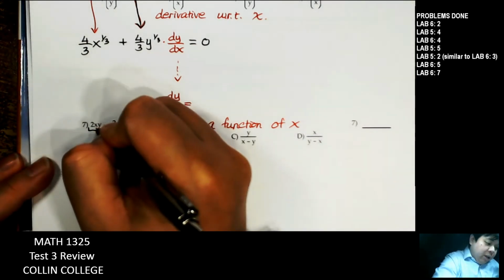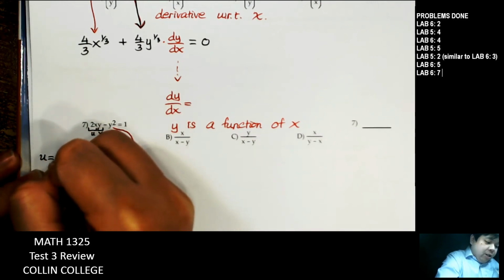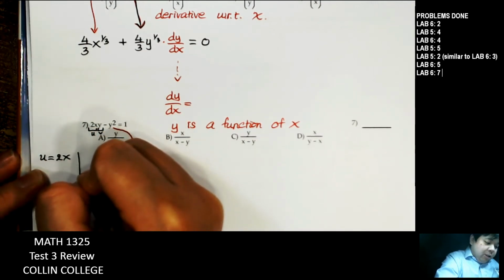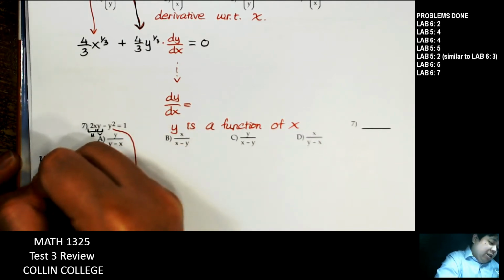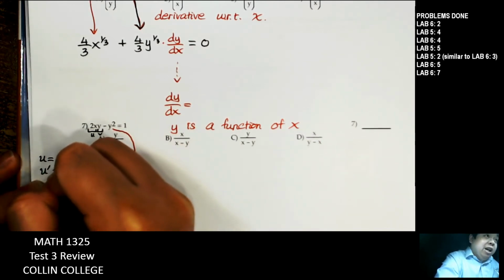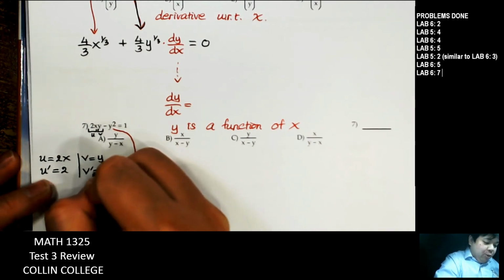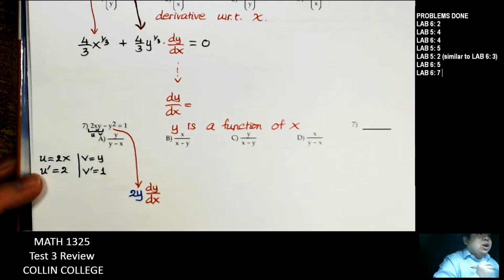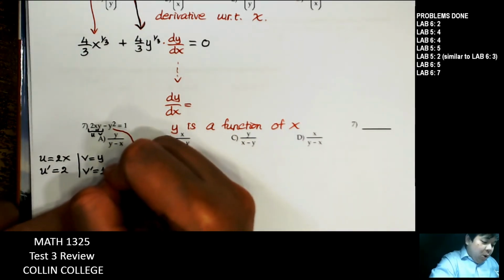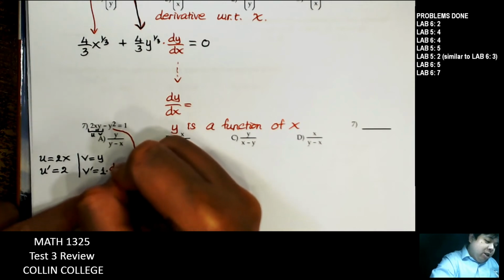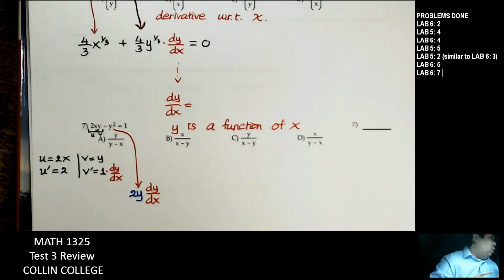now this is a little more complicated, because 2x is a function of x and y is another function of x, so we have to use the product rule here. So u equals 2x, v equals y, and u prime equals 2, v prime equals 1.